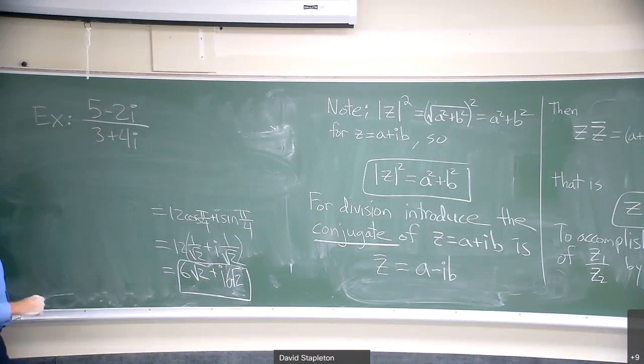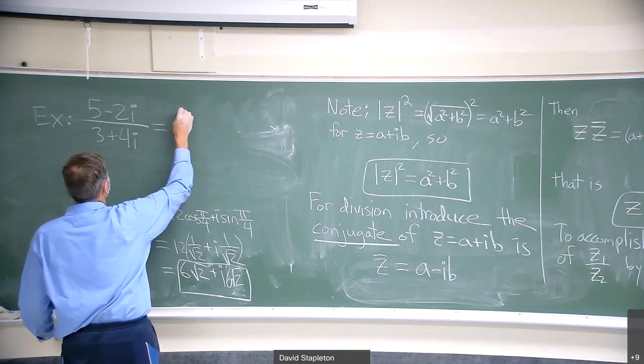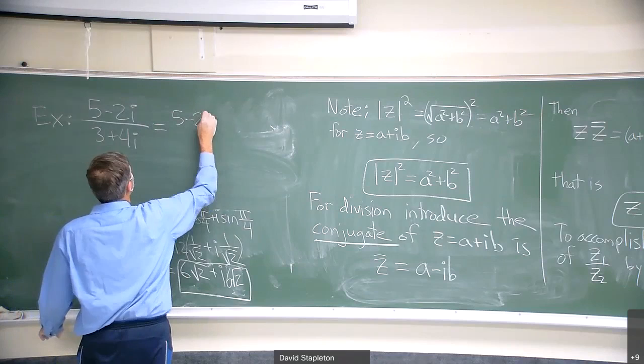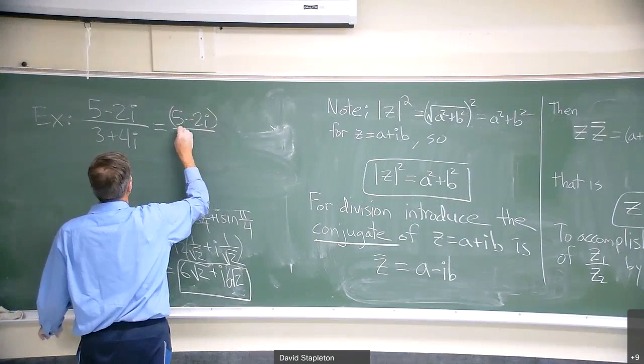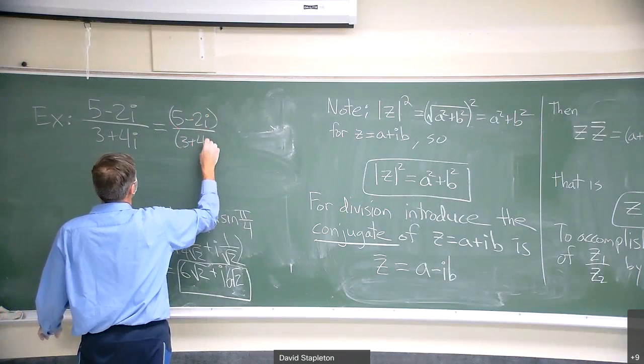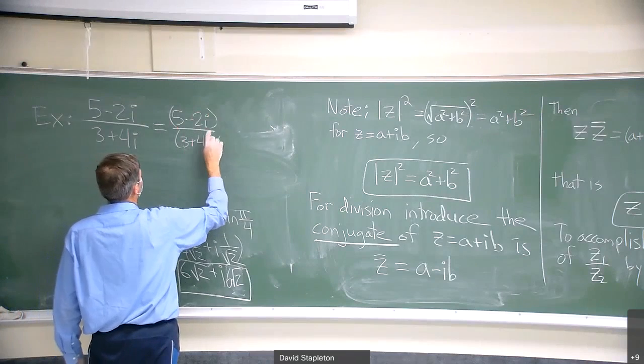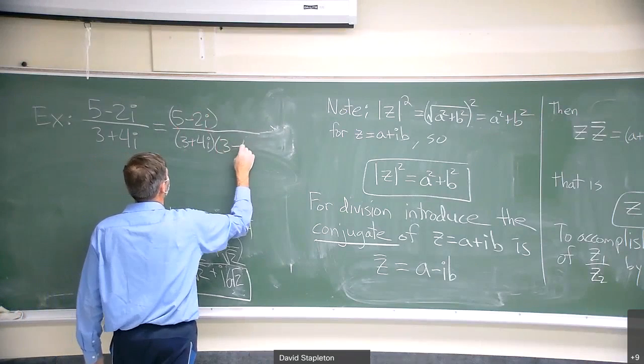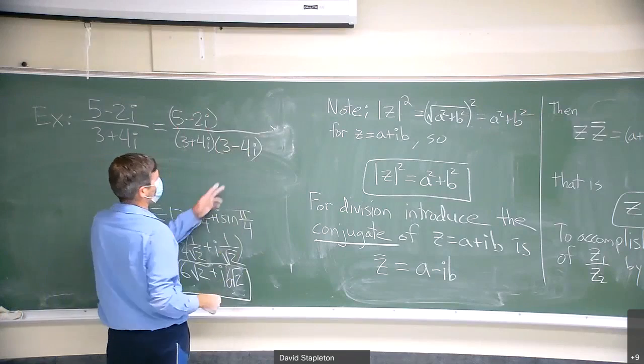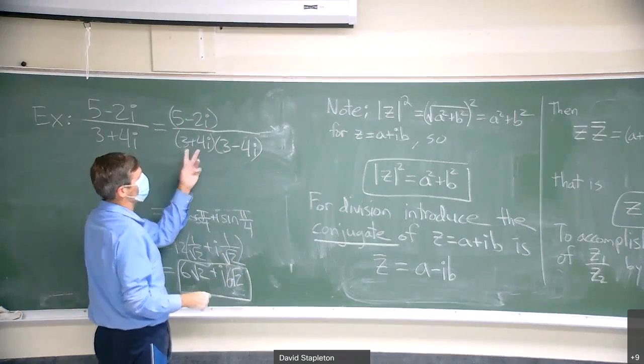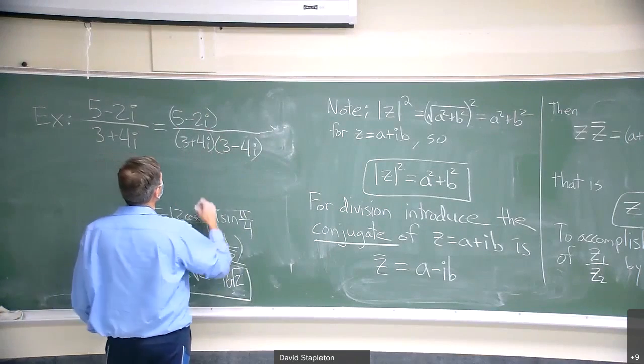How can I do that division? Well, I say that it has to be the same number as when I multiply the top and bottom by the conjugate of the bottom. The conjugate of 3 plus 4i is 3 minus 4i. By the way, then the conjugate of 3 minus 4i is 3 plus 4i. We can say they're conjugates of each other.